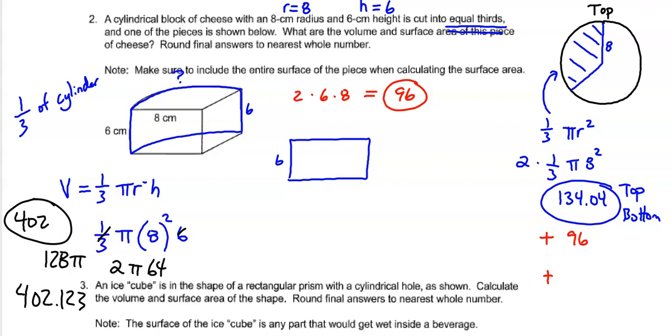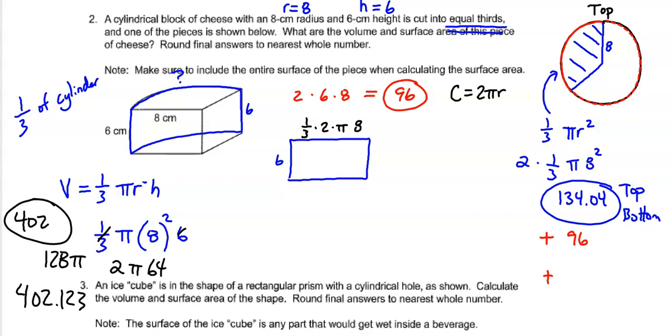Well, the length of that arc is right up here, which is actually 1/3 of the full circumference all the way around the circle. All right? So we need to know the equation for the circumference of a circle, which is 2 pi r, and we want 1/3 of that. So we need 1/3 of 2 pi r.